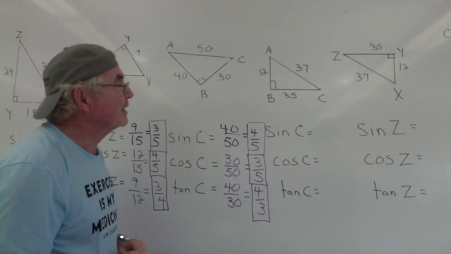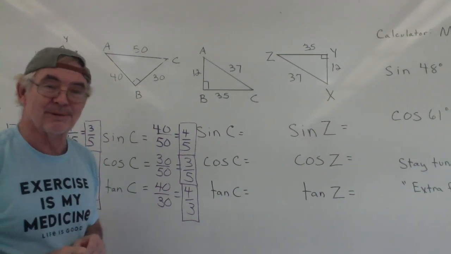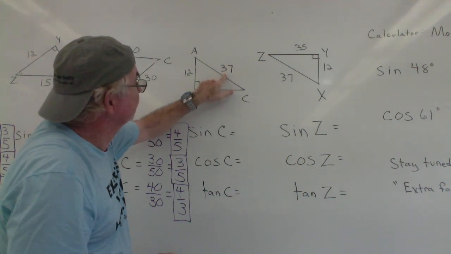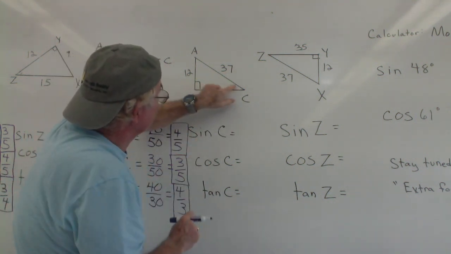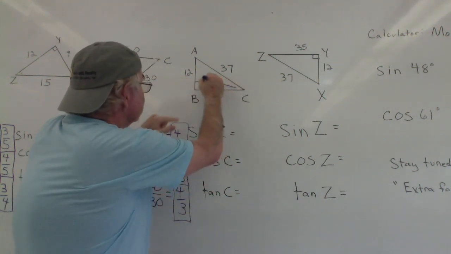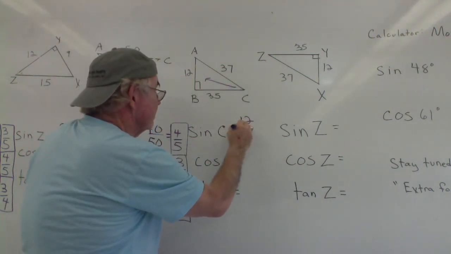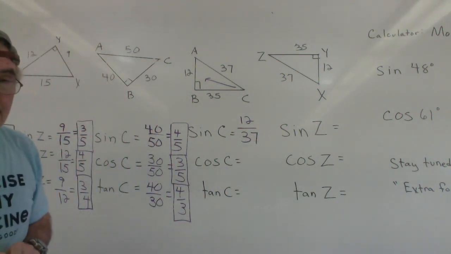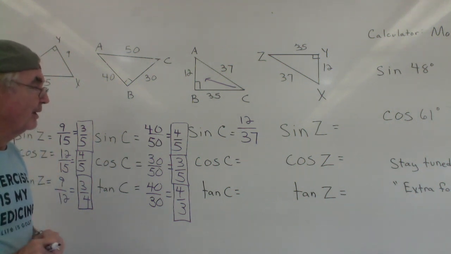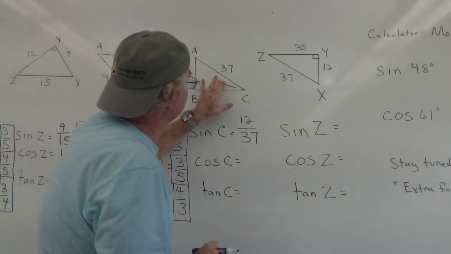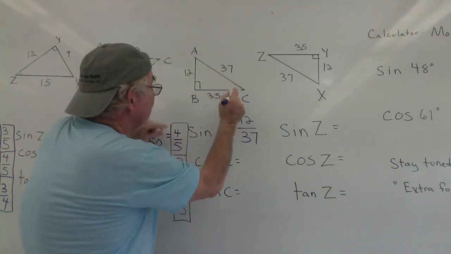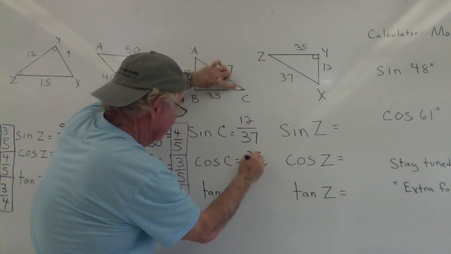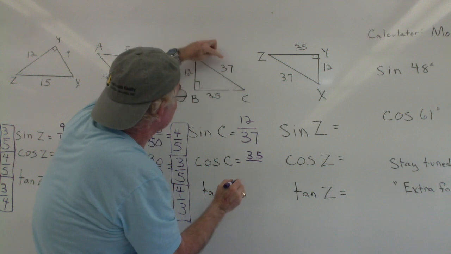Okay, next example. We get a little different set of numbers. There's your hypotenuse. Okay, the sine is the opposite over the hypotenuse, and it will not reduce. The cosine is the adjacent, 35, over the hypotenuse, 37.